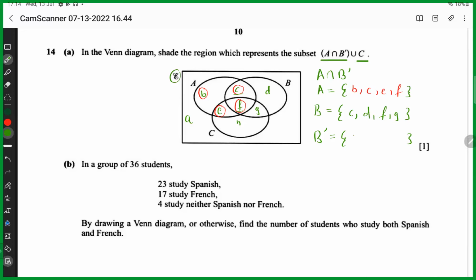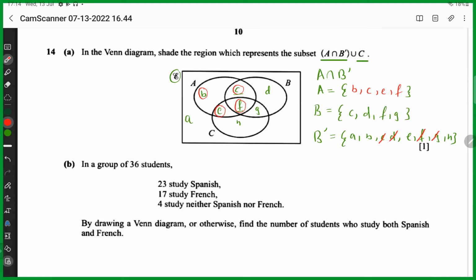We have A, we have B, we have C, we have D, then we have E, F, G, and H. This is what we have in the universal set, but this is not B complement. I need to get rid of the elements of B. What do I have in B? I have C, I have D, I have F, and G.